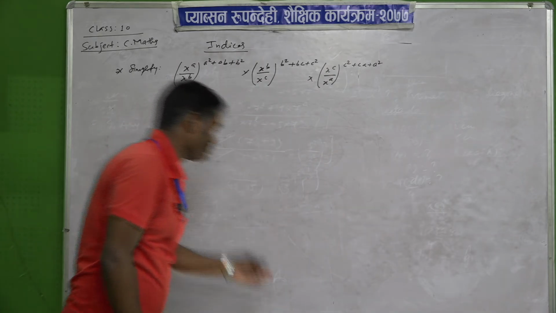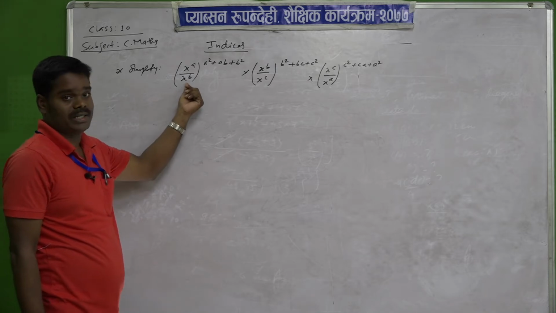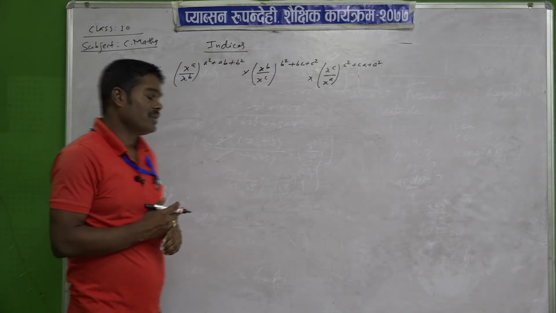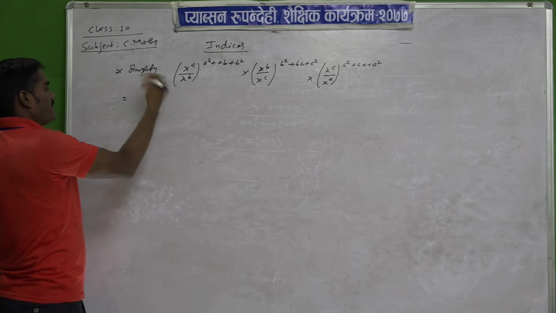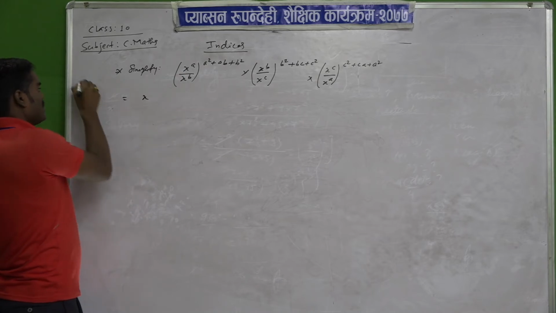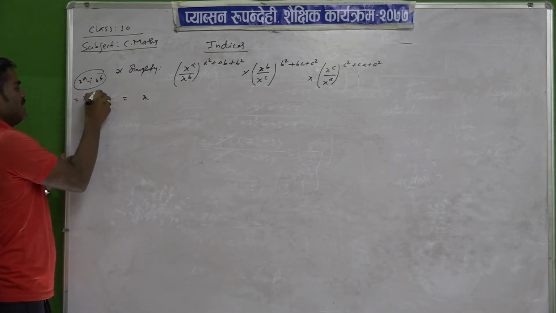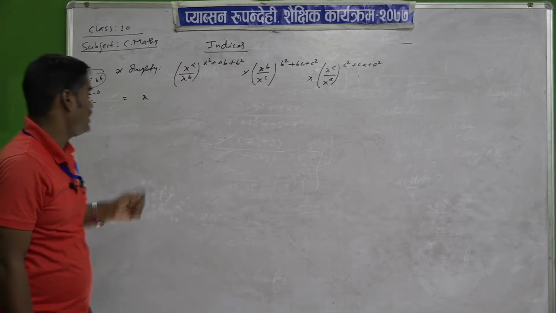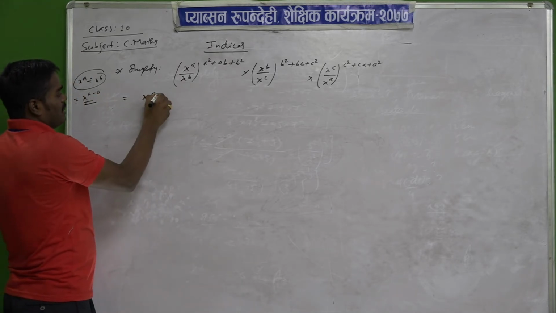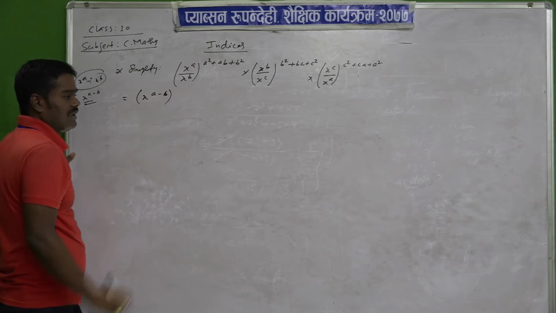Then see here, first you have to take the denominator to the numerator. This is the quotient law. Directly you can write x power a divided by x power b. This is the quotient law, so we can directly write x power a minus b, because they are given in divide form.